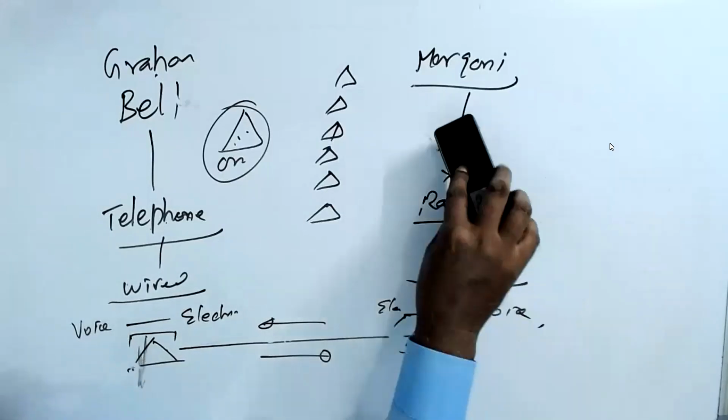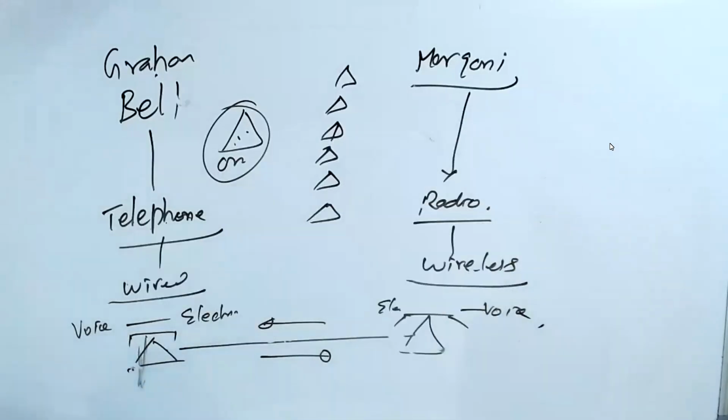Now I'm telling you why these things came. What happened when I sent it over the wire to a faraway place? They got a big problem. What is the problem? My voice gets reduced here. That is the electrical signal. If here it is 3 volts or 5 volts, when it travels here, it becomes 1 volt. The 1 volt, when I try to convert it to voice, becomes too feeble.